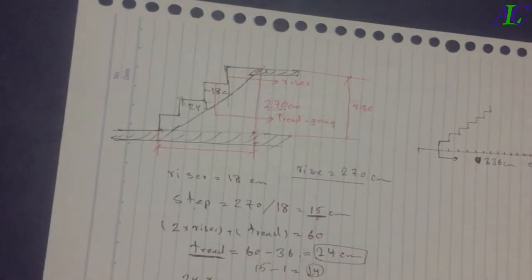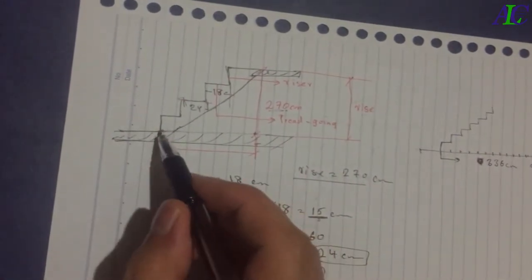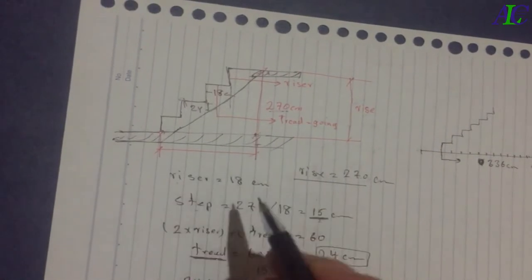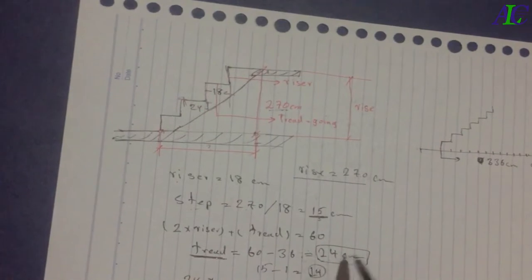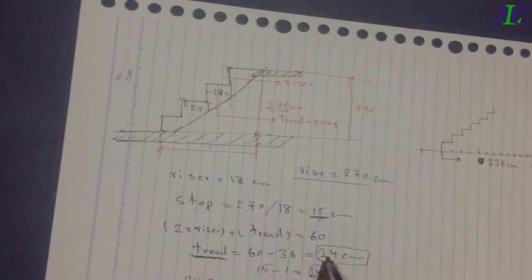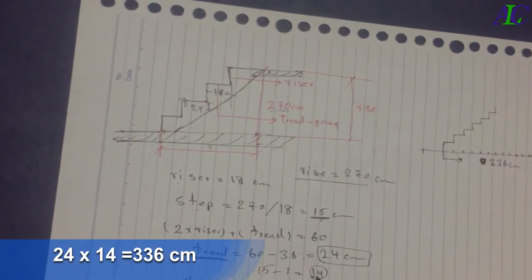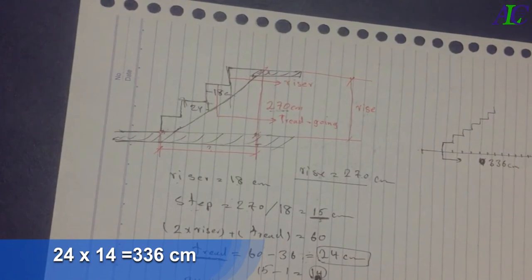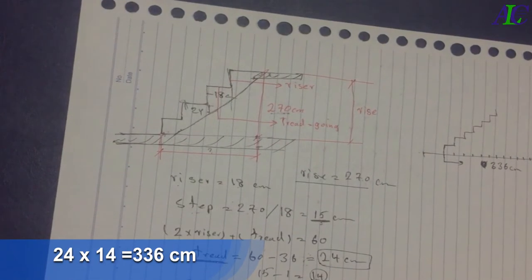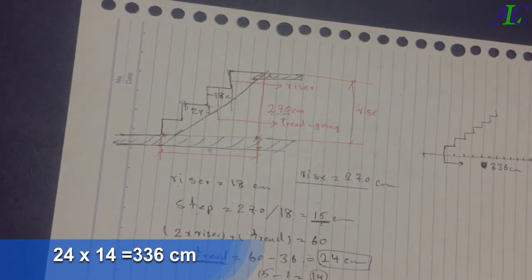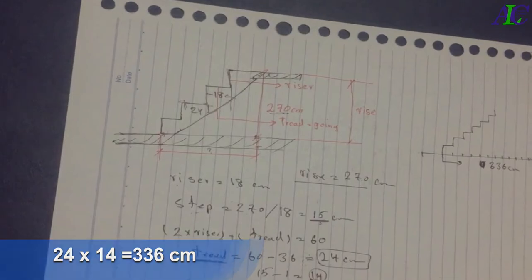You have 14. So if you want to find this distance from here to here, you can easily find the thread width multiply to the amount of the thread, 14. It will be 336 centimeter.